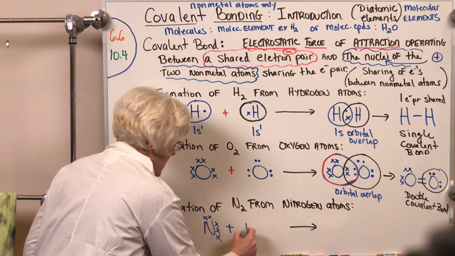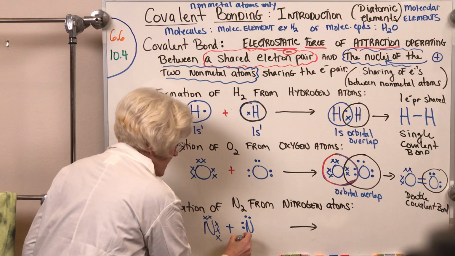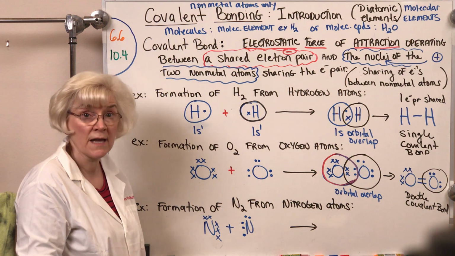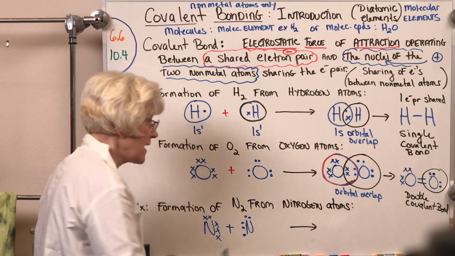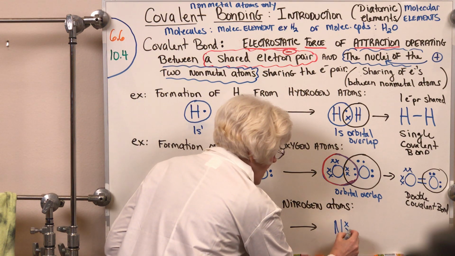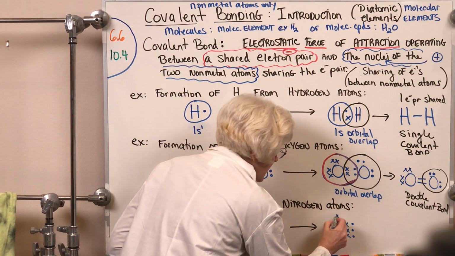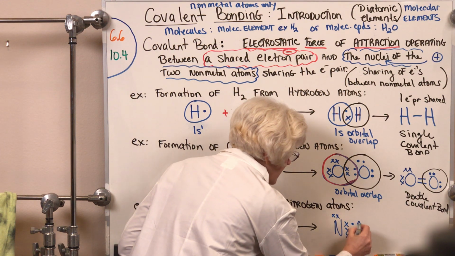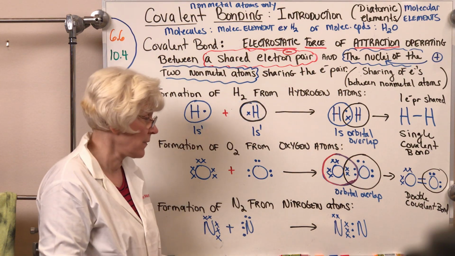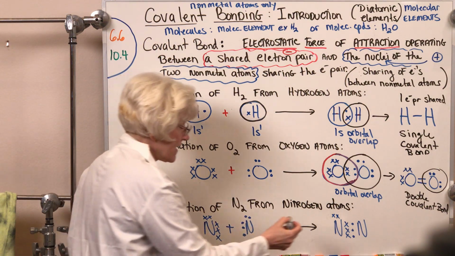And here is our second nitrogen atom. Again, 5 valence electrons, lining these electrons up so that I see that 3 electron pairs are going to be shared. So that gives us this drawing where we are showing a triple covalent bond between the 2 nitrogen atoms.